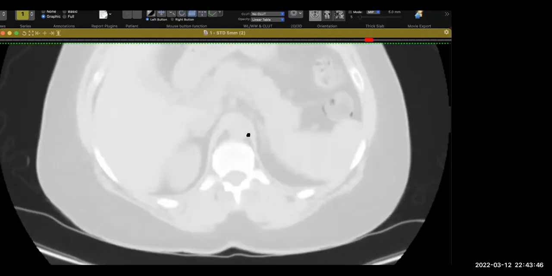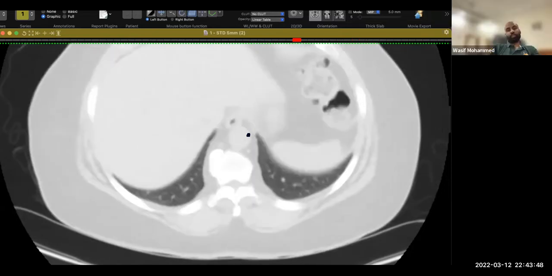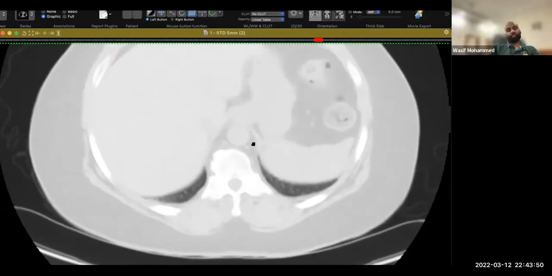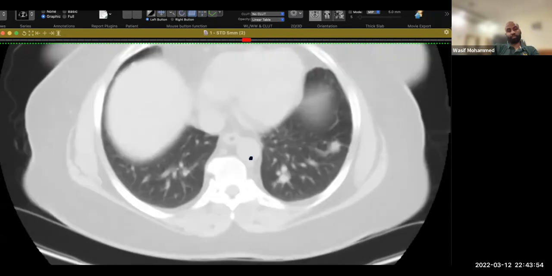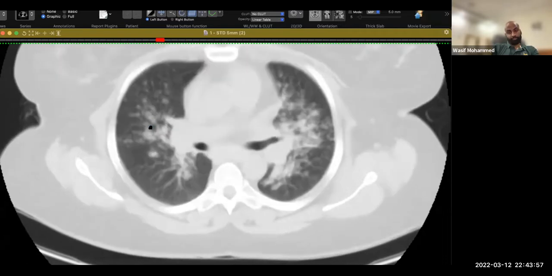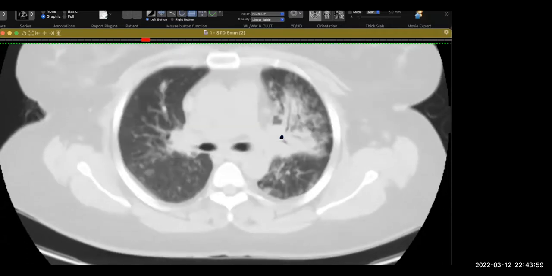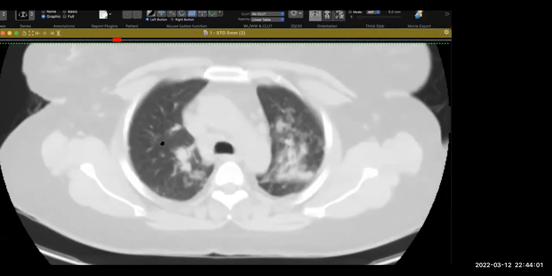So are you happy with the tree-in-bud appearance? Are you confident that it's just tree-in-bud, or do you have a differential in mind? Okay. So actually, these opacities are showing tree-in-bud pattern.